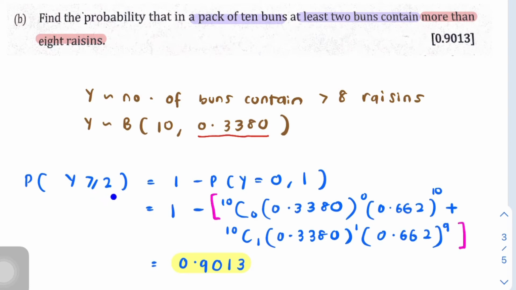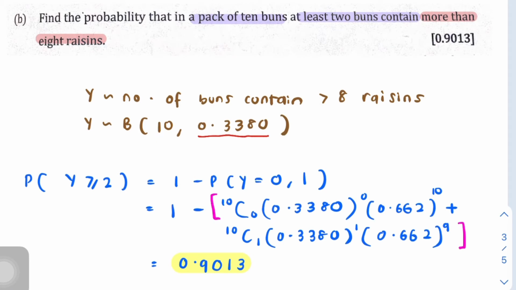Can you use the binomial table? Cannot, because you don't have this p in your binomial table. So the only method is using the formula. When you want to find at least 2, you have to count 2, 3, 4, 5 up until 10, which is too many.